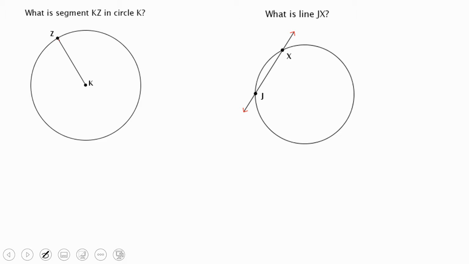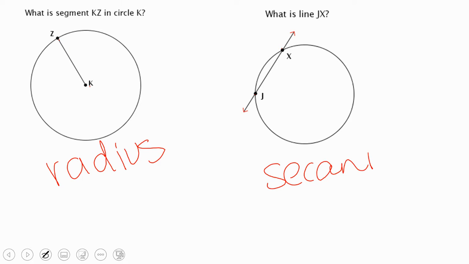It's only touching 1 point on the outside of the circle. The other point's at the center, so that is the radius. What is line JX? A line has to be either tangent or secant. This is touching 2 points on the circle. It's going through the inside of the circle, so that is secant.